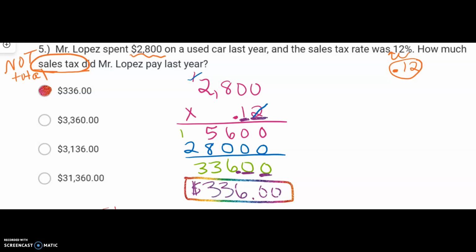I show it as 12 hundredths instead. And then we multiply, because percent of something means to multiply. All right, so once I multiplied, I got $336. Since it only wanted the tax, then I am finished, because $336 is the extra, which is the sales tax, not the total.